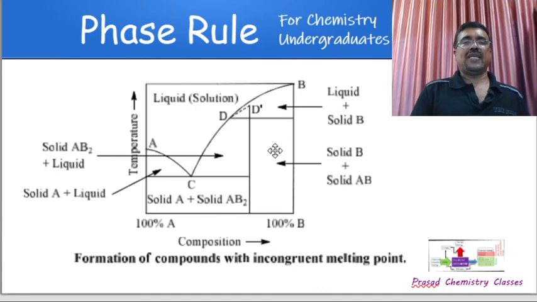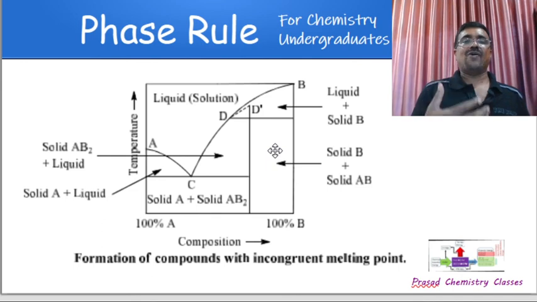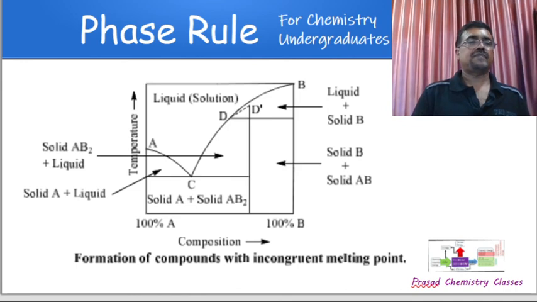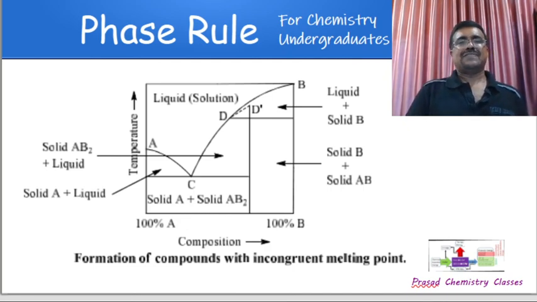In most of the incongruent melting compounds, we can have it melted without change in composition when you increase pressure. That is another thing. Okay, that's fine. That will do for the time being.